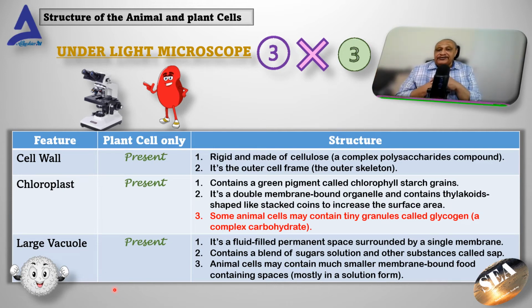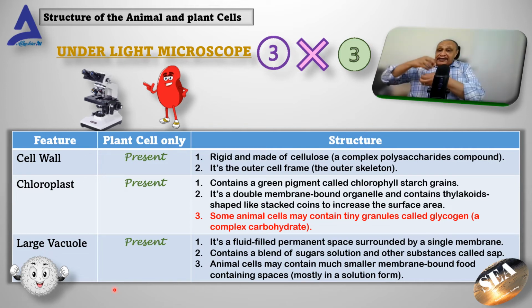Chloro means color, phyll means love, so this is the organelle that loves color, and it is a green color here, so this is why it is chlorophyll. It is a double membrane bound organelle and contains thylakoids.